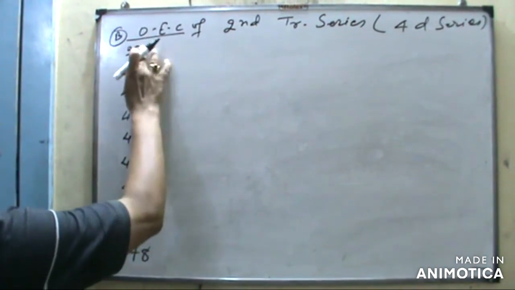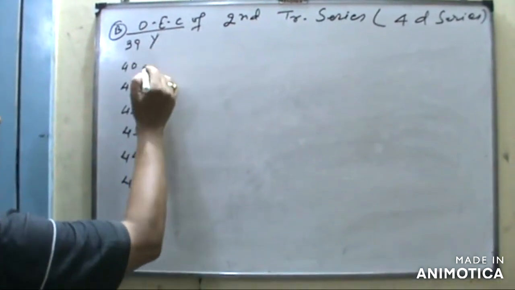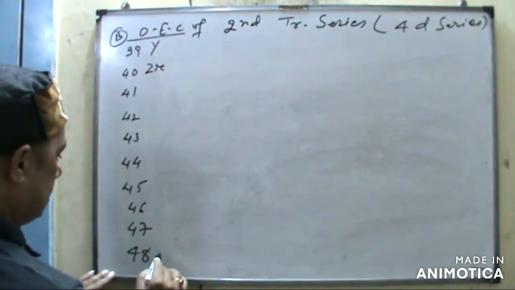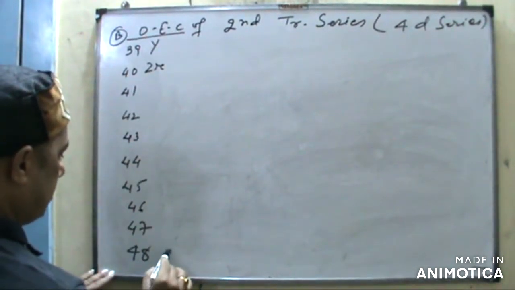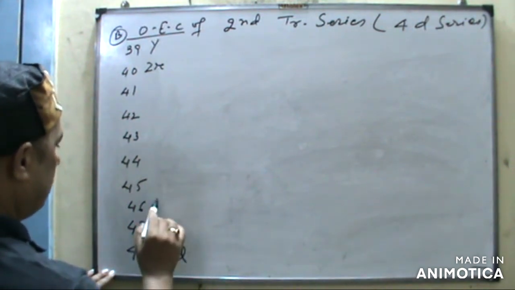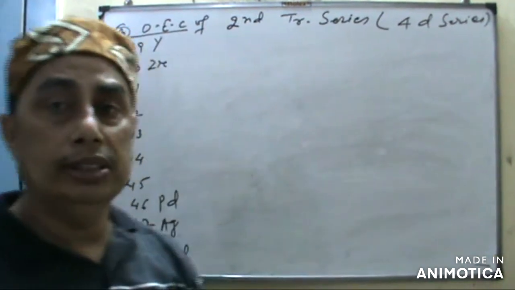So here you remember this is yttrium, zirconium, and then 48 is cadmium, 47 is silver, 45 is palladium.